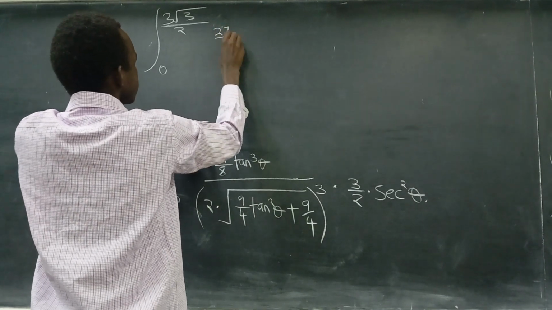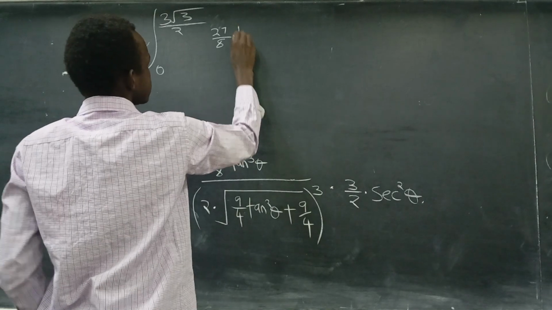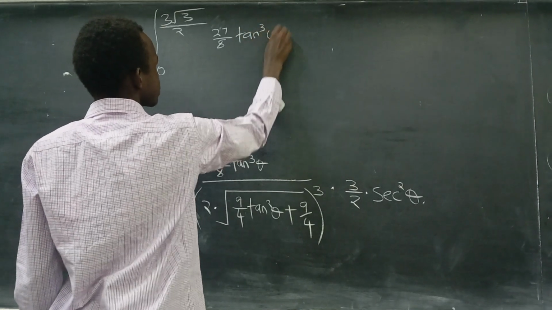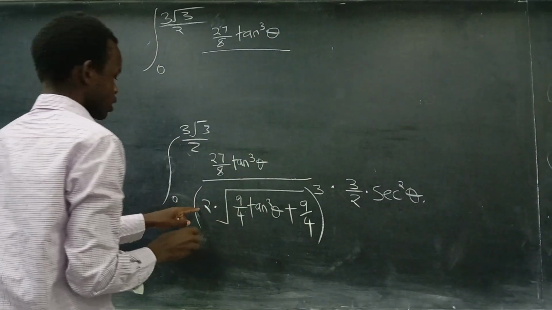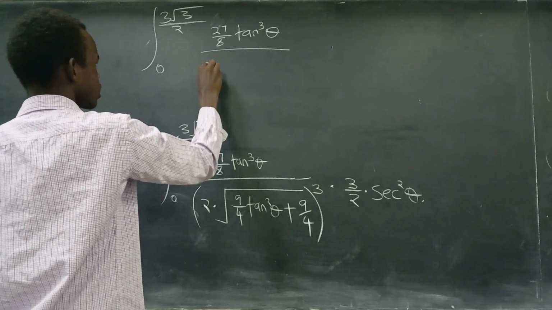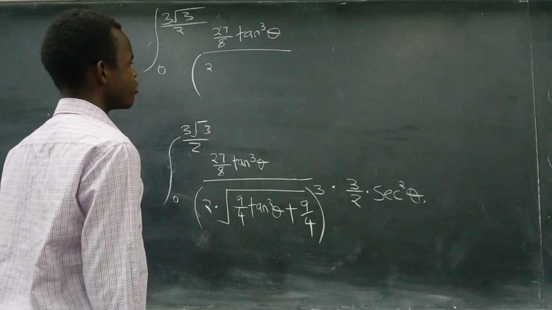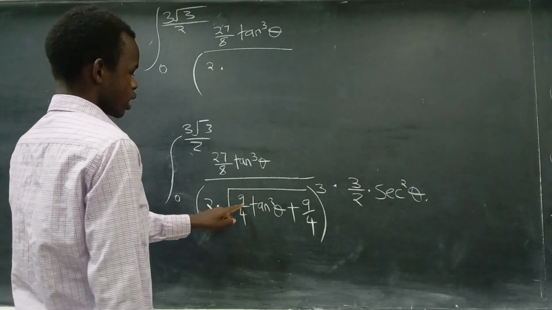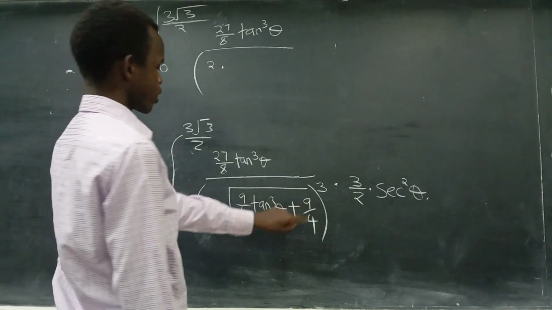this is 27 divided by 8 tan of theta divided by, I'll place my 2, okay, but inside a very big bracket, I'll factor out my 9 over 4, remember?